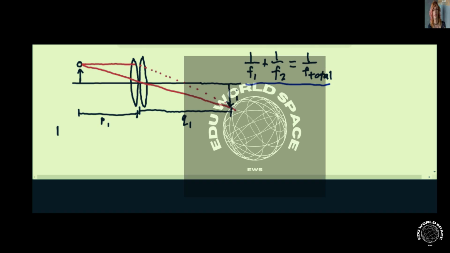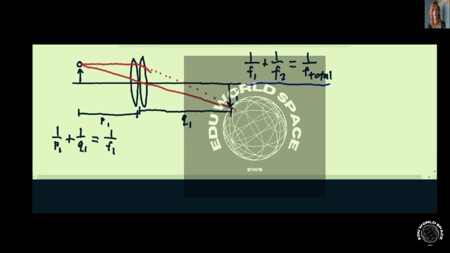So let's go ahead and write out the lens equation as 1 over P1 plus 1 over Q1 is equal to 1 over F1. And we could have stopped there if it was not for the second lens bending the light further the moment the ray intersected the second lens.